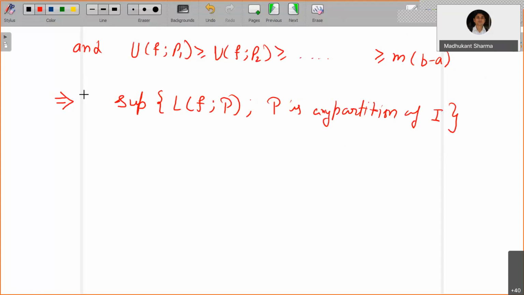That we are going to call L of f, because you are taking the supremum over all the partitions P of I. In the limiting case we get rid of the P, so only small f is present there, and that exists.